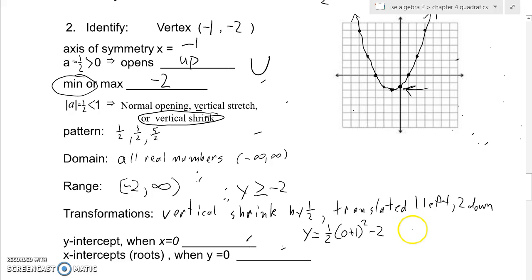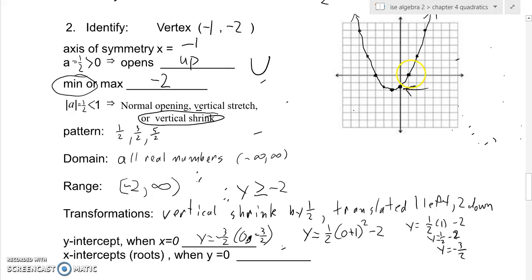So we get y equals 1/2 times 1 minus 2, or 1/2 minus 2, which is negative 3/2. Or the point 0, comma, negative 3/2.